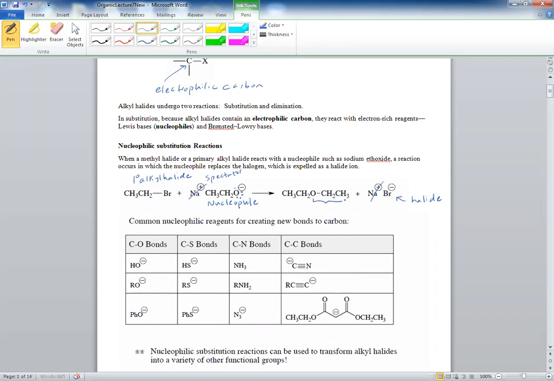So you see the substitution occurring. And again, what drives this reaction is that you have an electrophilic carbon right here. So that's a delta plus, and Br would be the delta minus. So again, this is what happens.